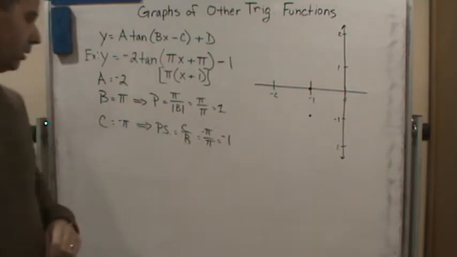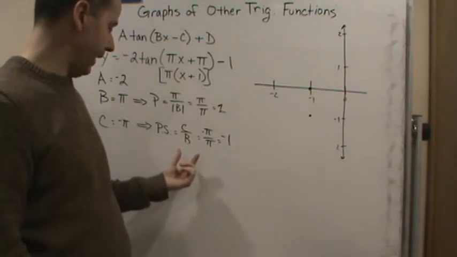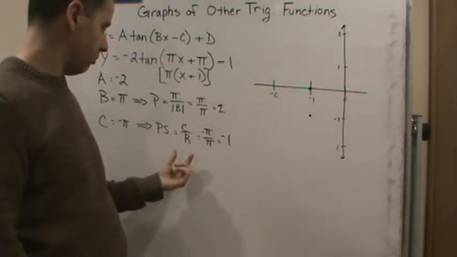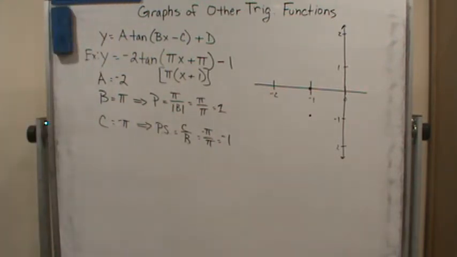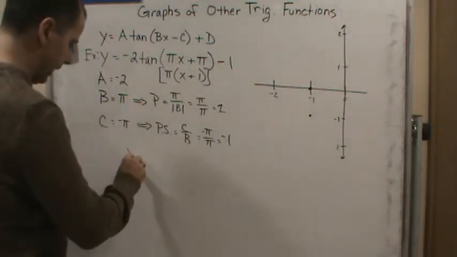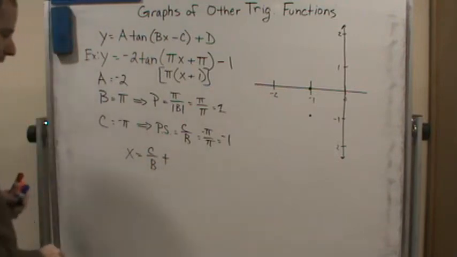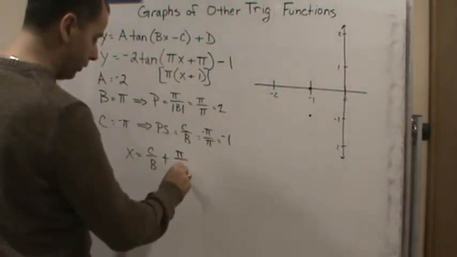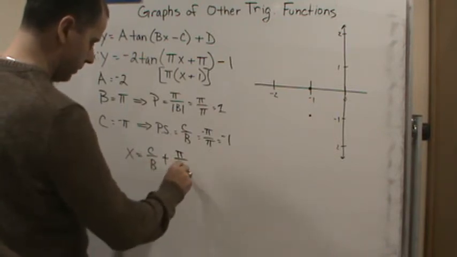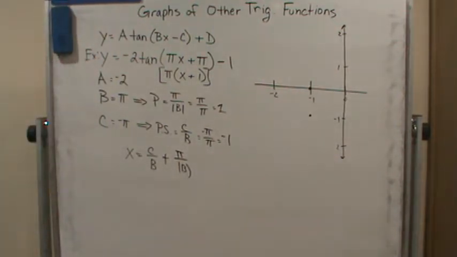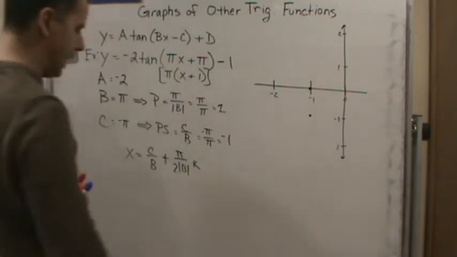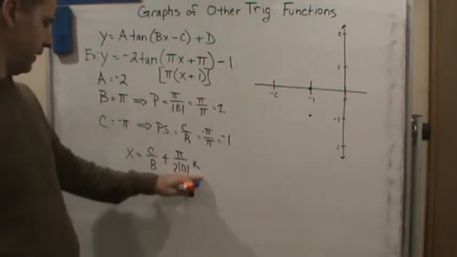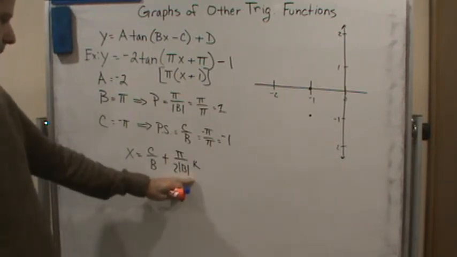The asymptotes are located at x equals C over B plus pi over the absolute value of B, times odd integers k.